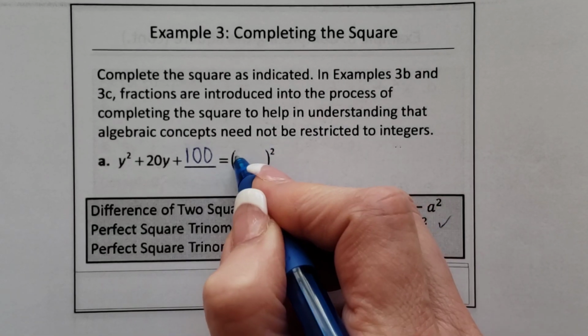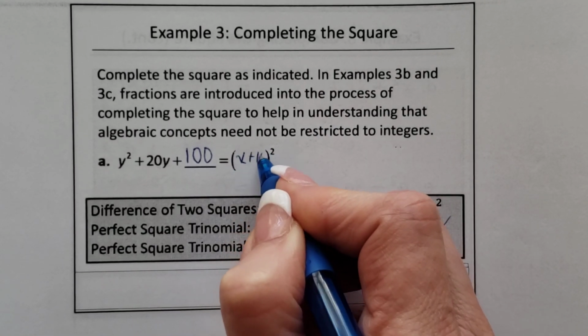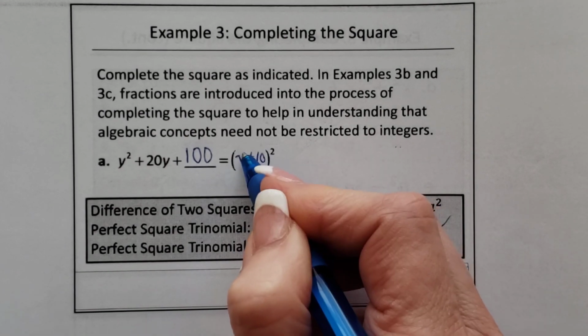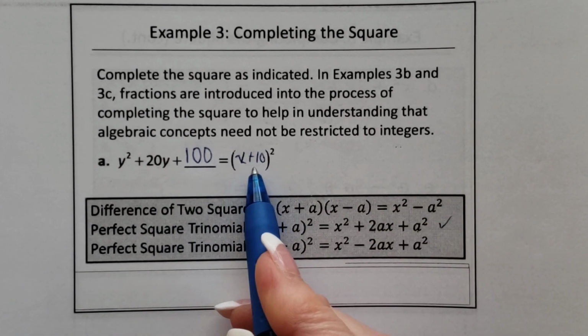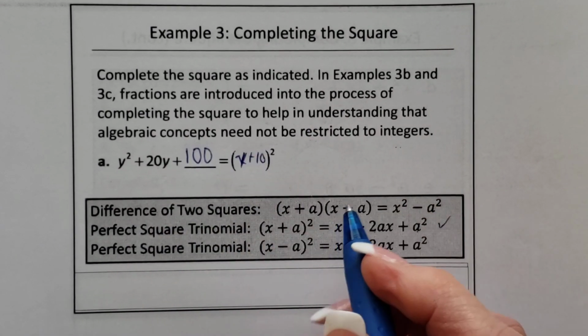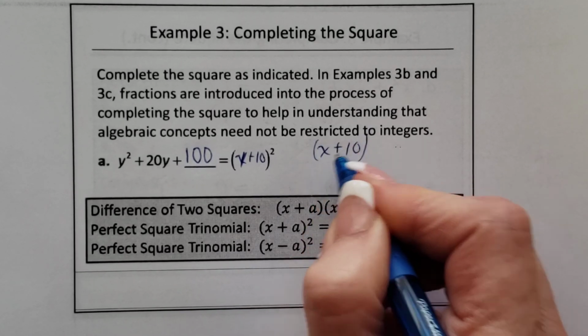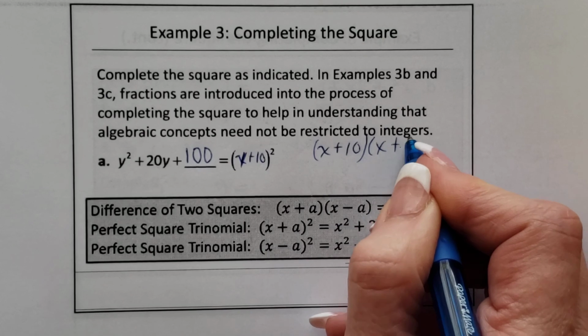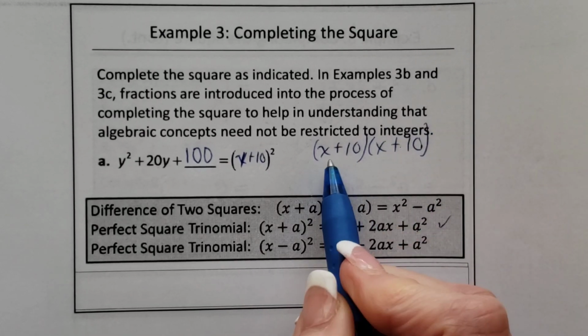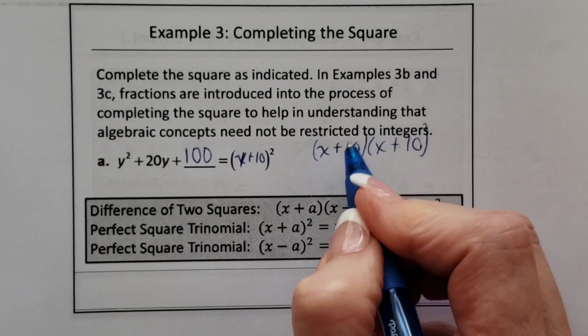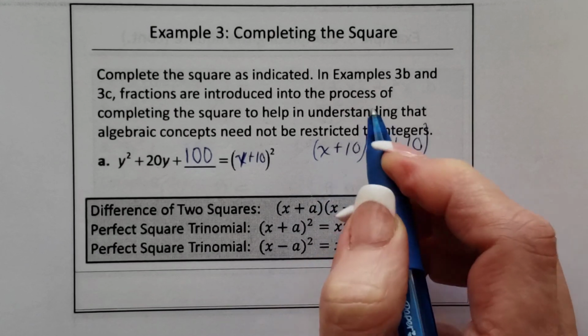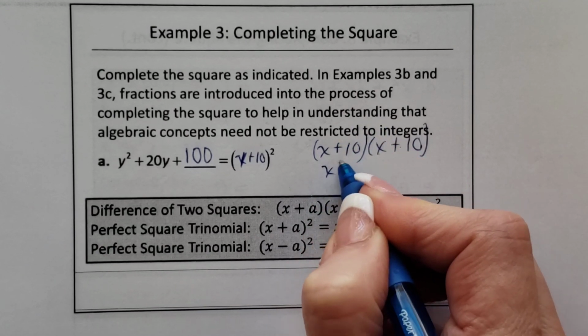We're going to write x plus 10. Okay? Now let me show you how this equals this. If I have x plus 10 squared, that basically means x plus 10 times x plus 10. So if I FOIL this, x times x is x squared.